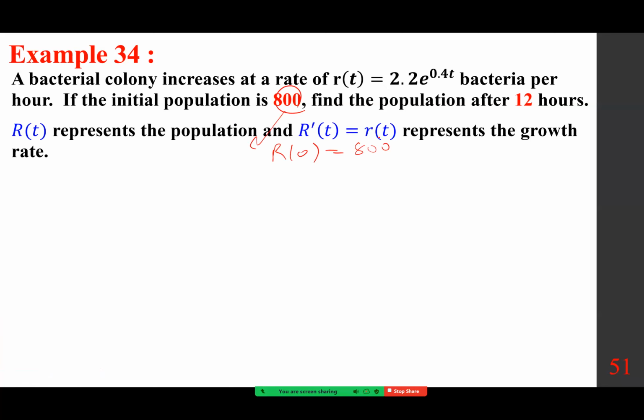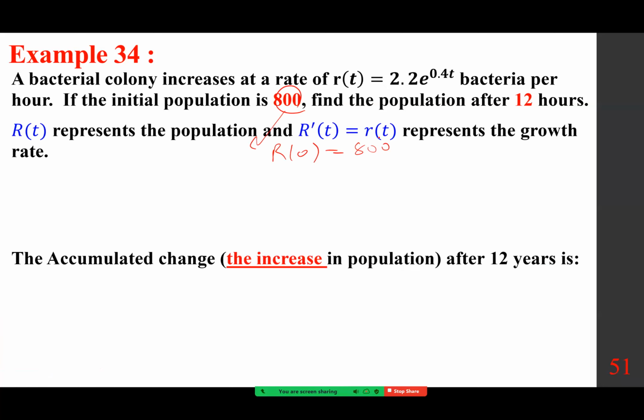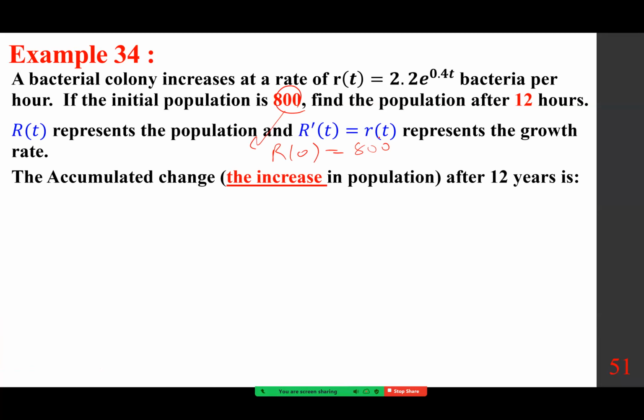According to the accumulated change, the amount of increase over the course of 12 hours is the integral of r of t dt from 0 to 12. So we're going to replace the r of t, and for the integration, we're going to divide by 0.4.